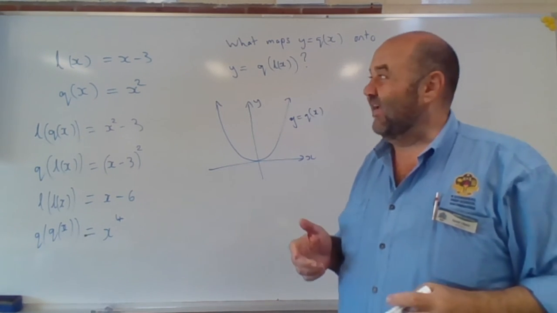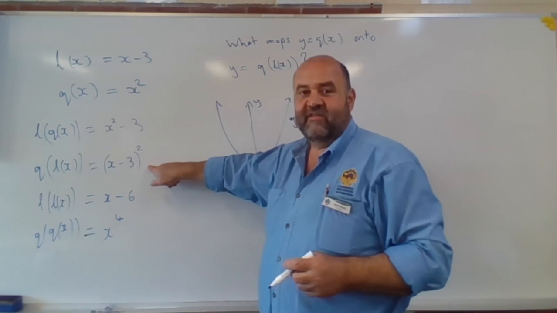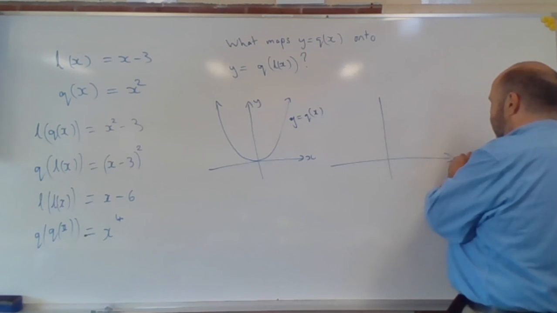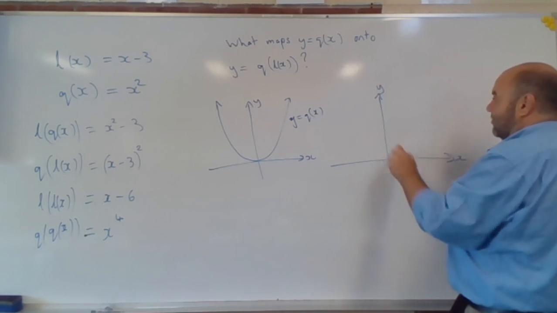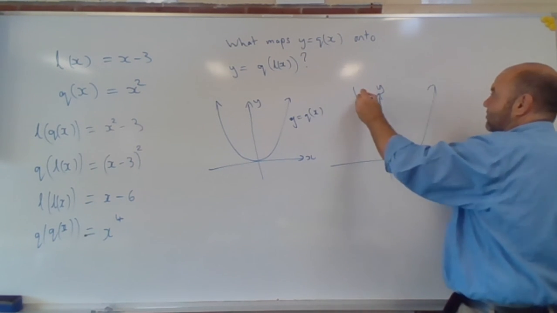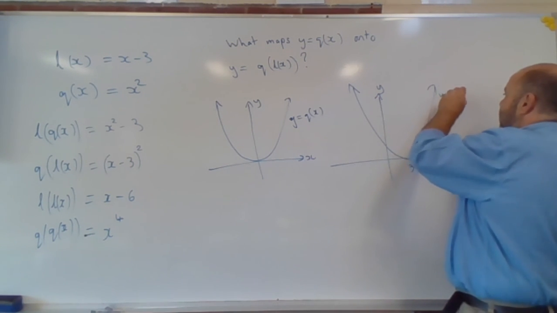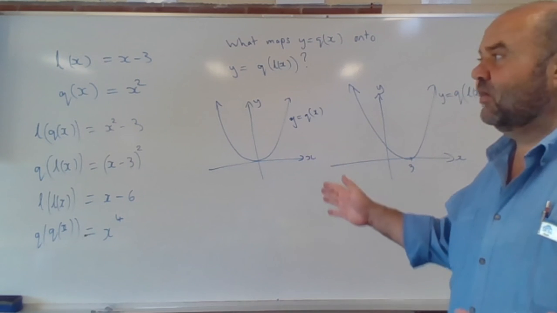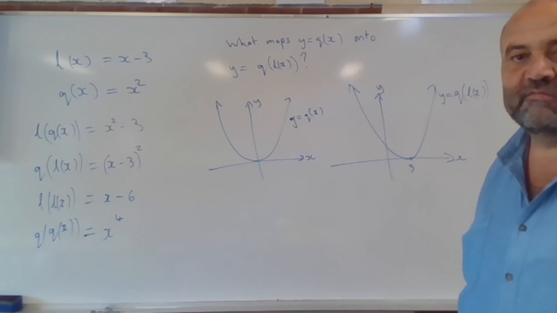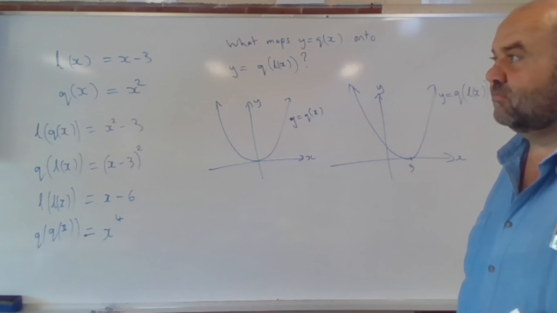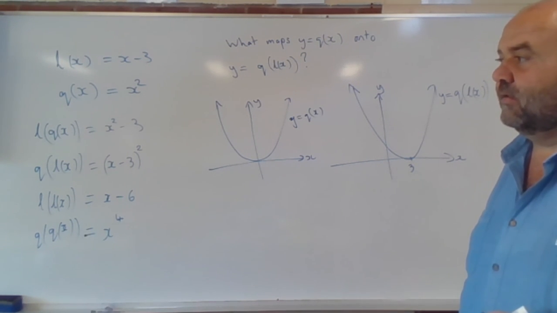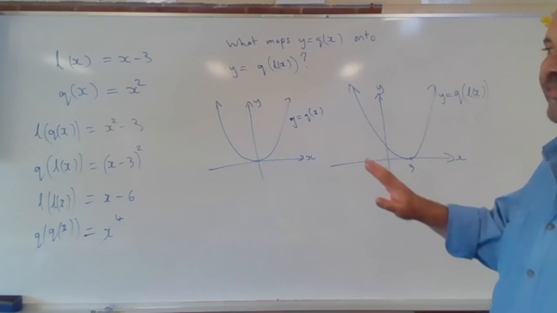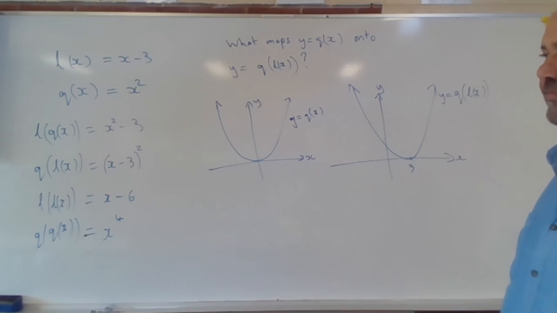Y equals q of L of x is x minus 3 squared. We've already seen what that graph looks like. Well, what translation has happened? It's been shifted to the right 3 units. So the transformation is that it's been translated to the right by 3 units.